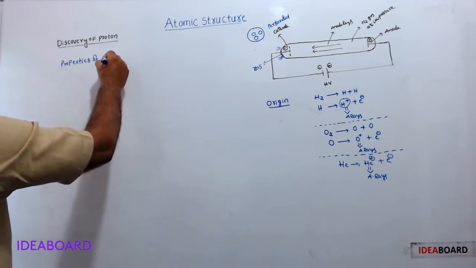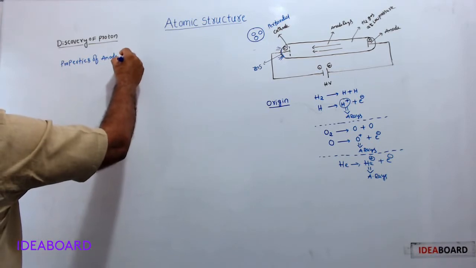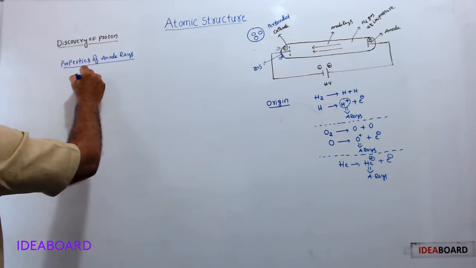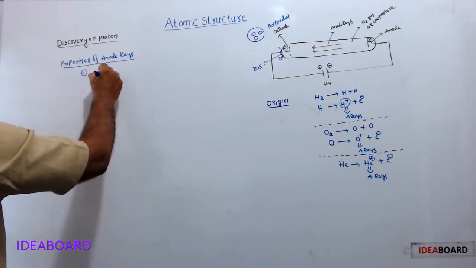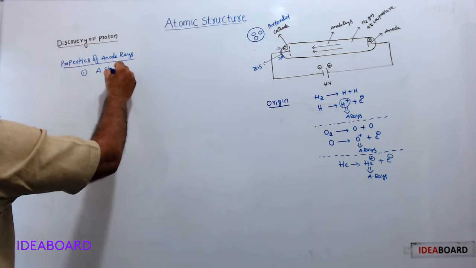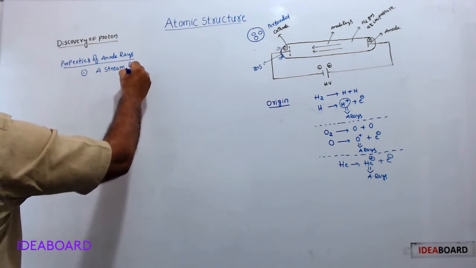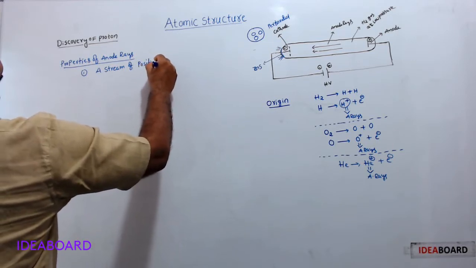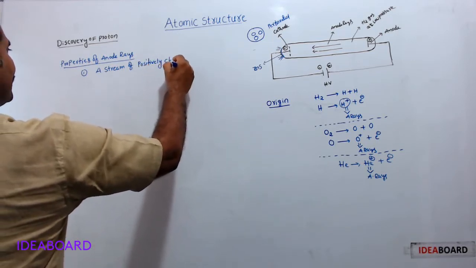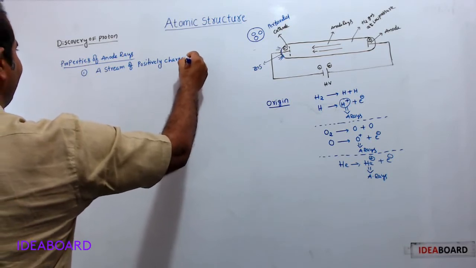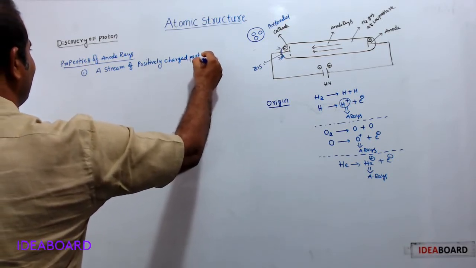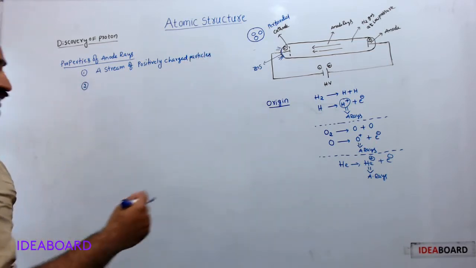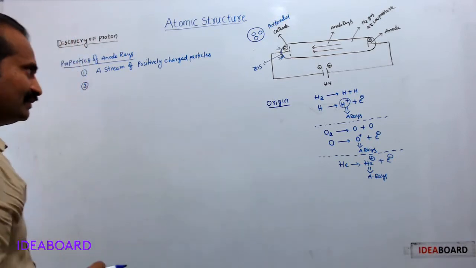Properties of anode rays. First, these are a stream of positively charged particles, whereas cathode rays are a stream of negatively charged particles.